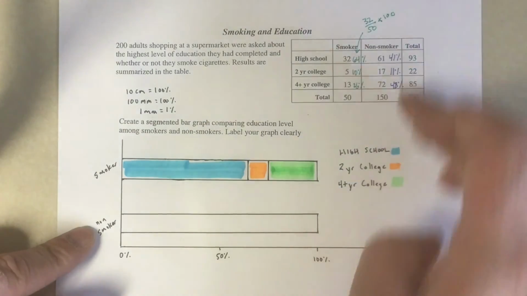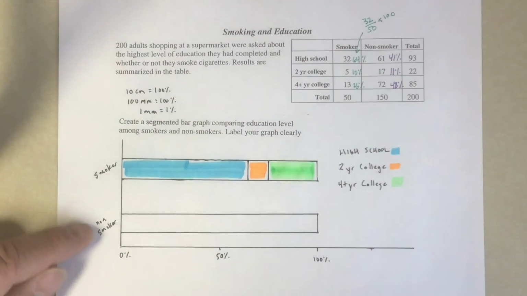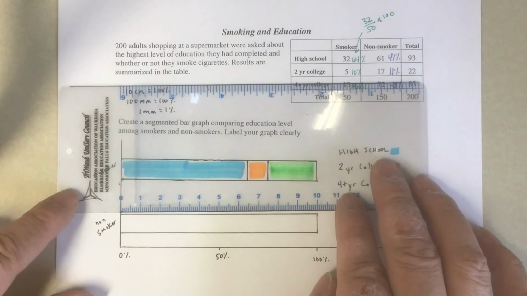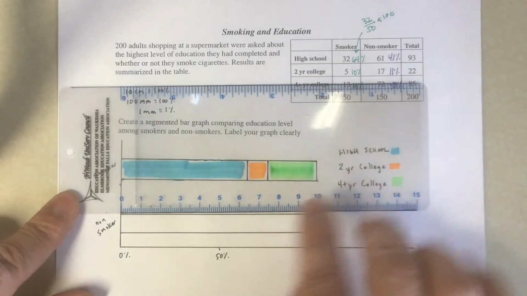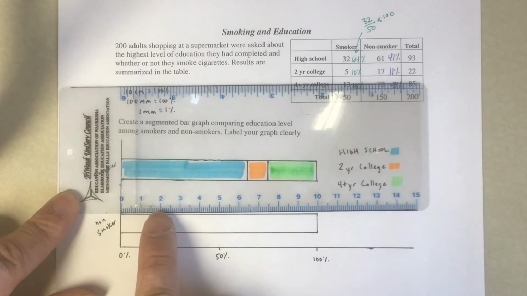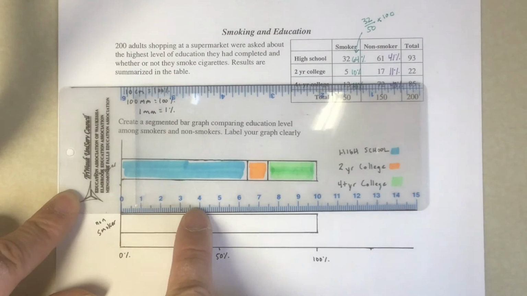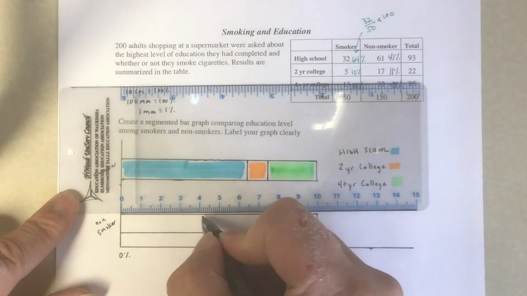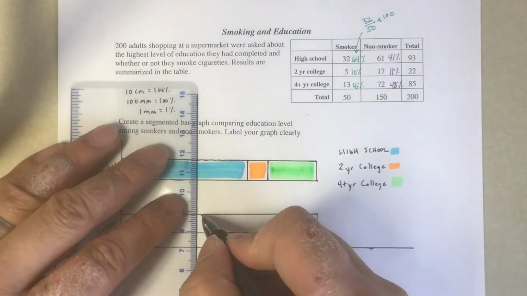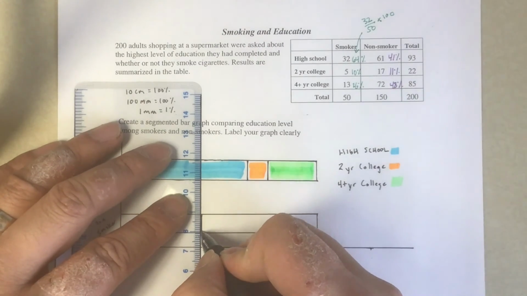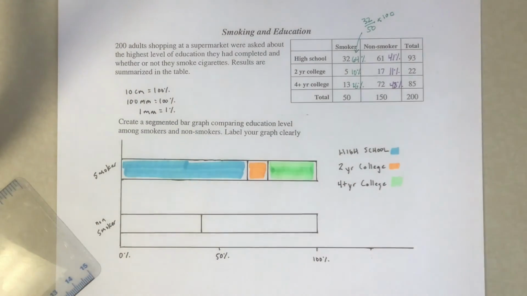Now we have to plot the non-smoker conditional probabilities. So again, I'm going to take my ruler, line it up at 0 here, 10, 20, 30, 40. We've got to do 41. So there's 41. That's the high school group.